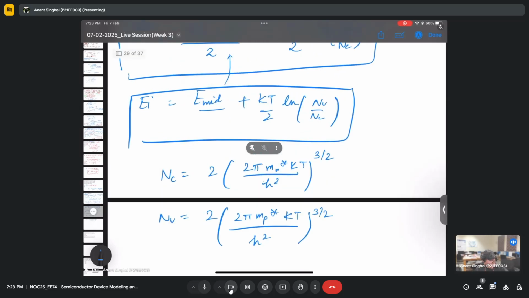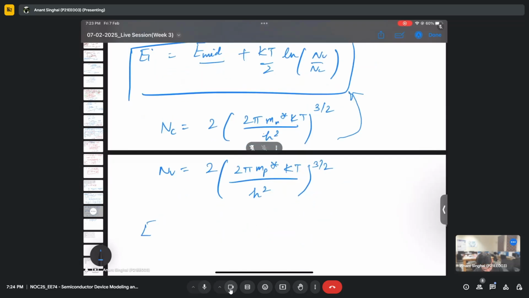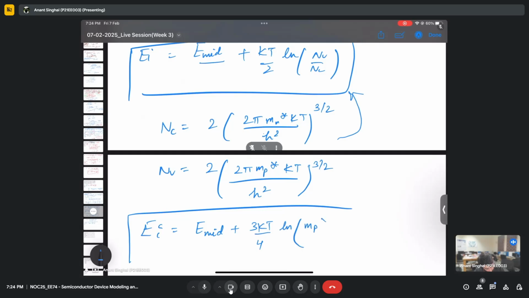So if I keep Nc and Nv in terms of effective mass, what we get is Ei is nothing but E mid plus, since this power is 3 by 2, 3 by 2 will come out, so it will be 3kT by 4, and Nv is above, so it will be ln mp star over mn star. Please let me know if you have any doubt in this last thing that I have written.